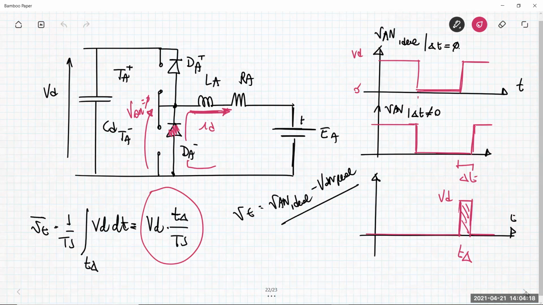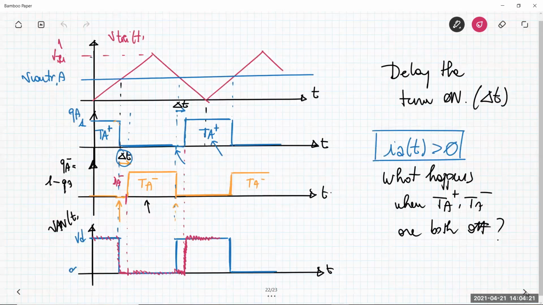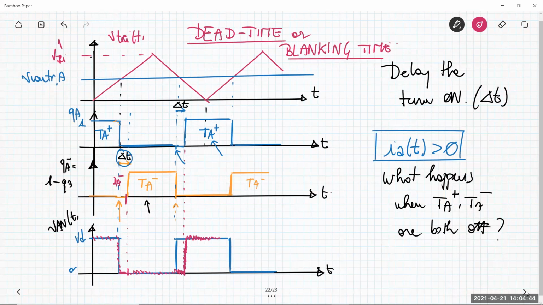T delta, which is the time interval that I insert to delay the simultaneous action of these devices, is called the dead time, or blanking time, okay? This happens when the current is positive, and the same discussion can be done when the current is negative.